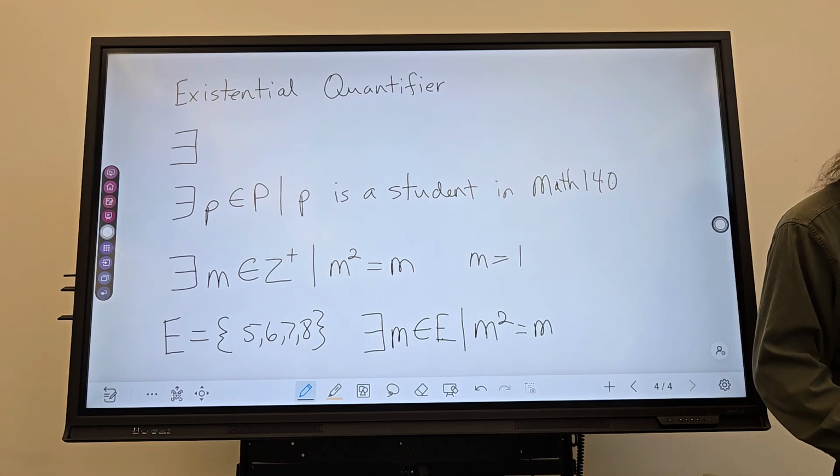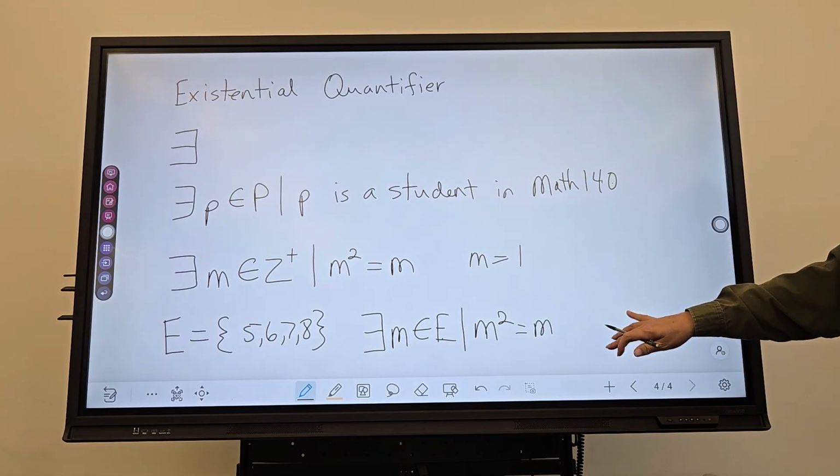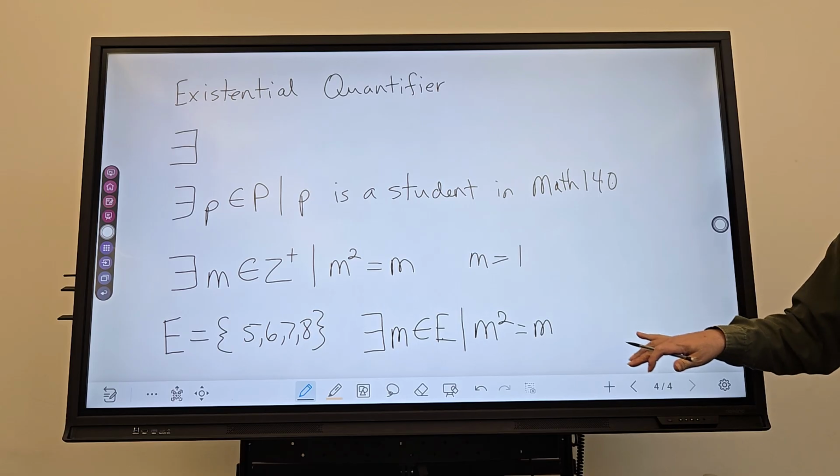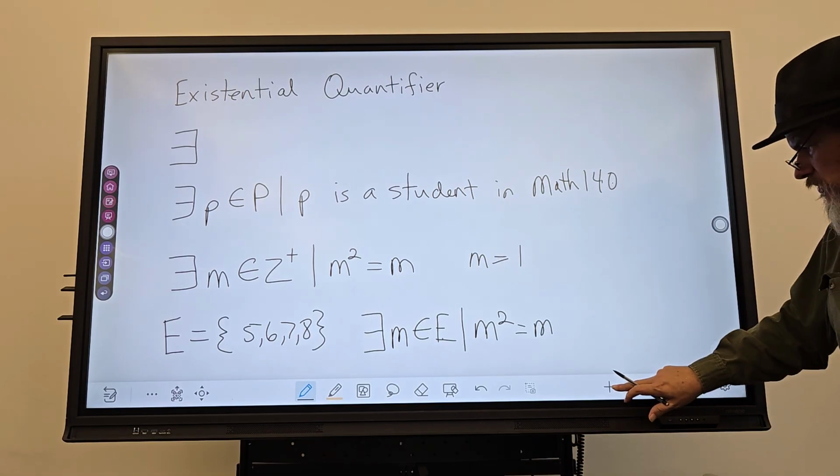Why this section was injected at this particular point, I'm not sure, but this is a formal language, using symbols and unequivocal statements, that sort of thing.